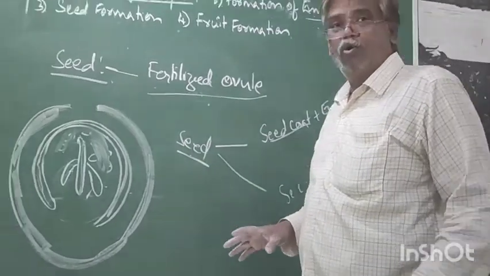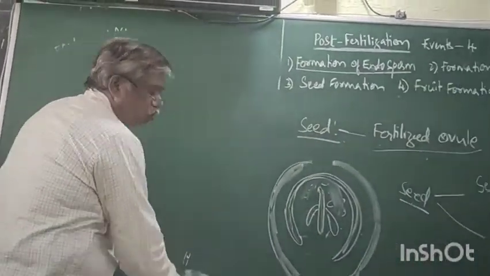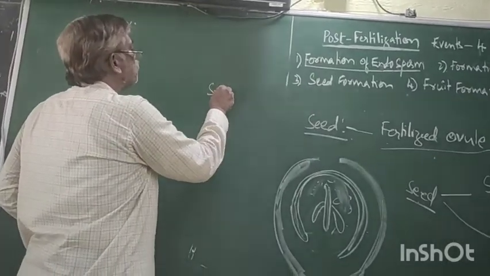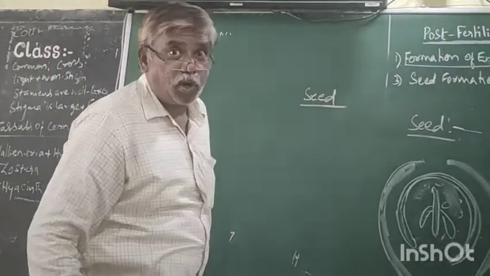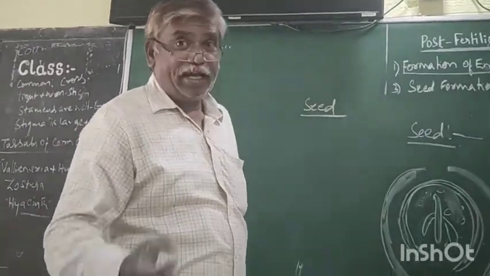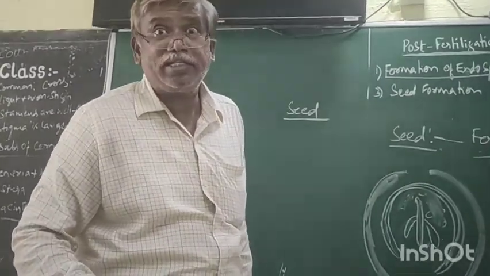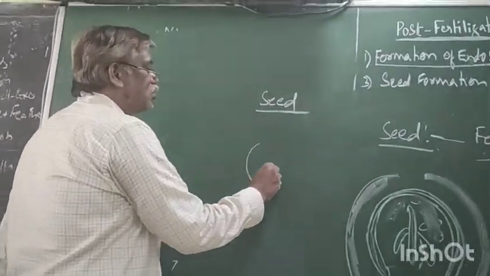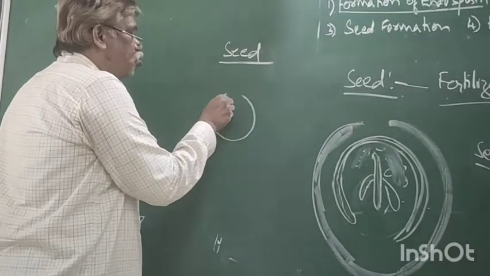Now if you take a seed, suppose a groundnut seed, Chennagai, the groundnut seed. Now it is one cotyledon.